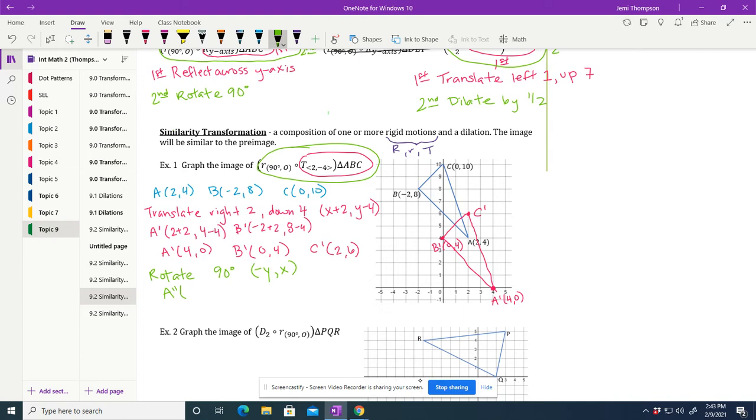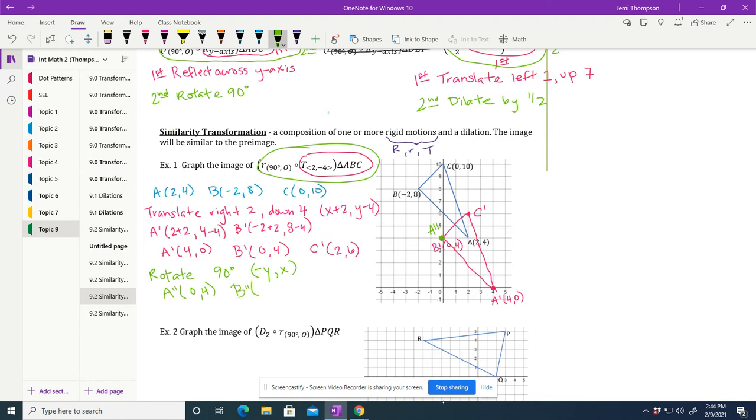So here, I'm just going to exchange 0 and 4 and make the 0 negative. Oh, wait, 0 can't be negative. So 0, 4 is all I got. That's actually right on top of B prime. So this is now A double prime. All right. Then B double prime.